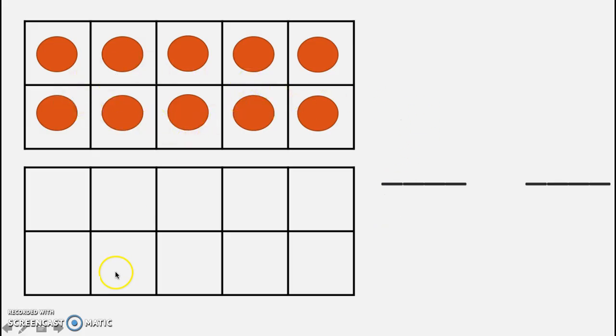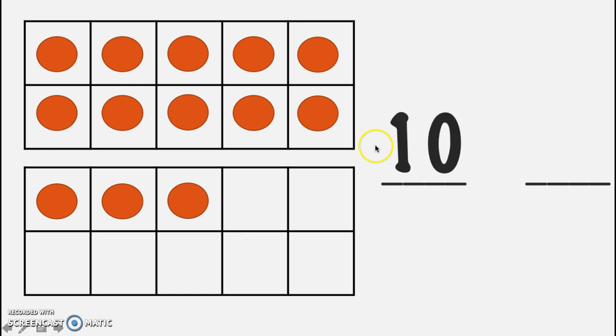So we have 10. Now let's do the other 10 frame and see how many we have. Let's just keep counting on. 10, 11, 12, 13. Okay, so we have 13 altogether. But our 13 is broken up into parts. See, we have the 10 that's up here. And then what's the other part?